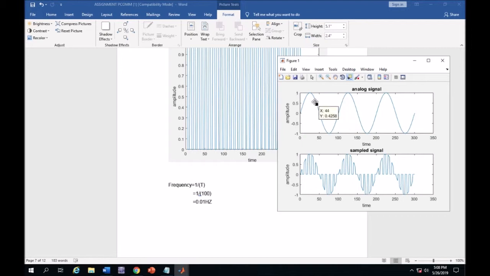Okay, half cycle we get 26 for half cycle.